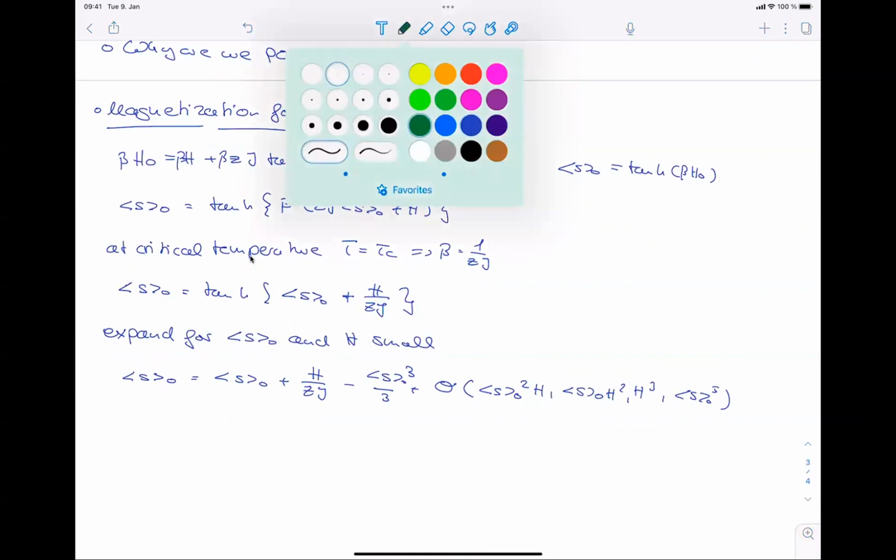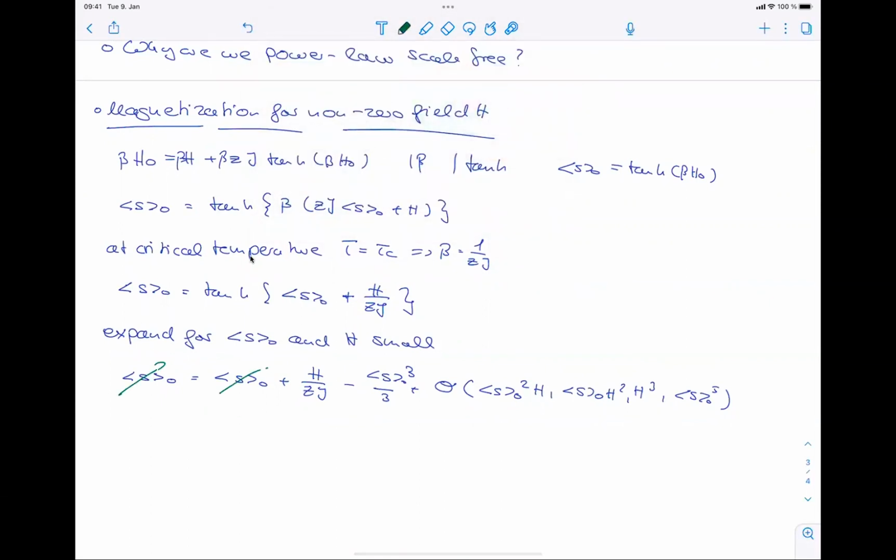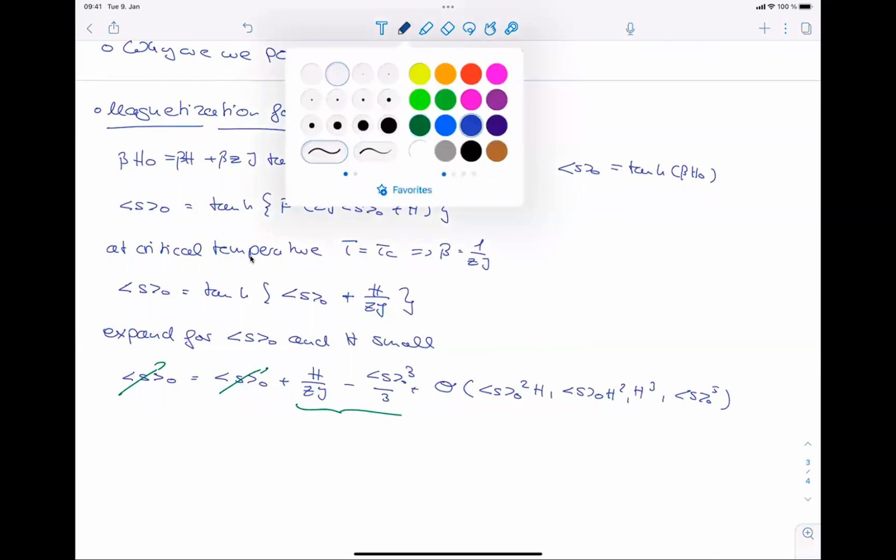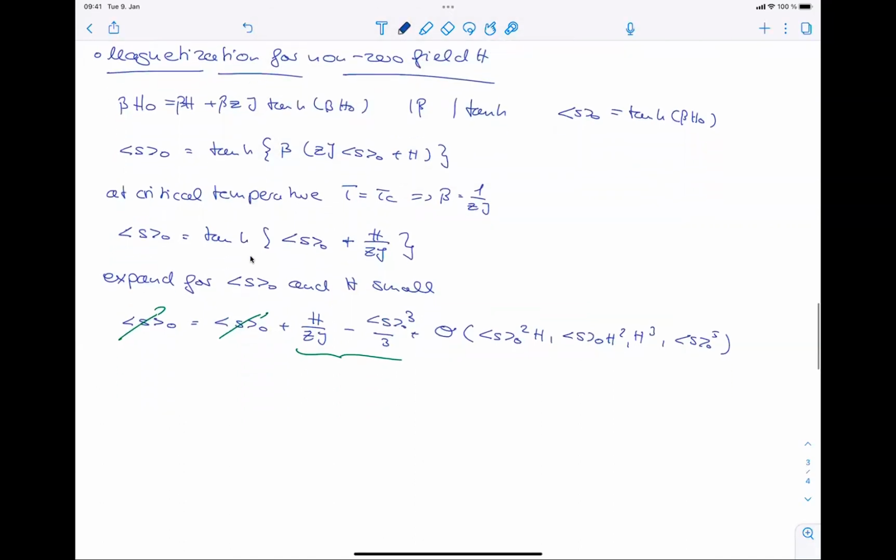Okay, so this is nice. This term cancels, so I can rearrange the remaining to find that S naught actually scales like h to the power of 1/3. Yet another critical exponent.